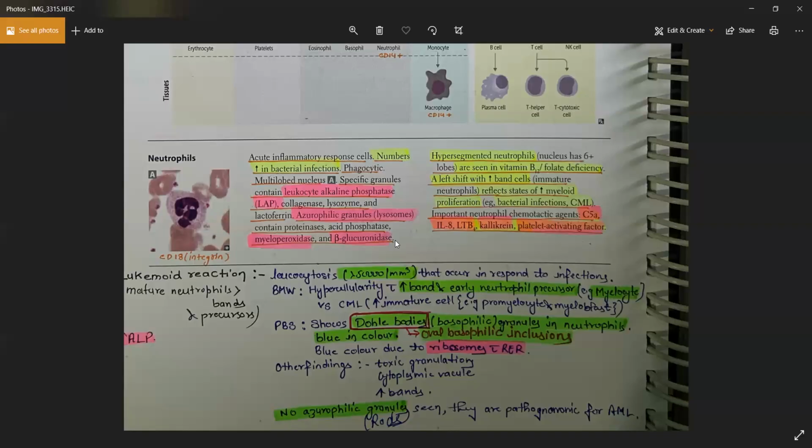So remember this beta glucuronidase for Gaucher's disease and for the deconjugation.